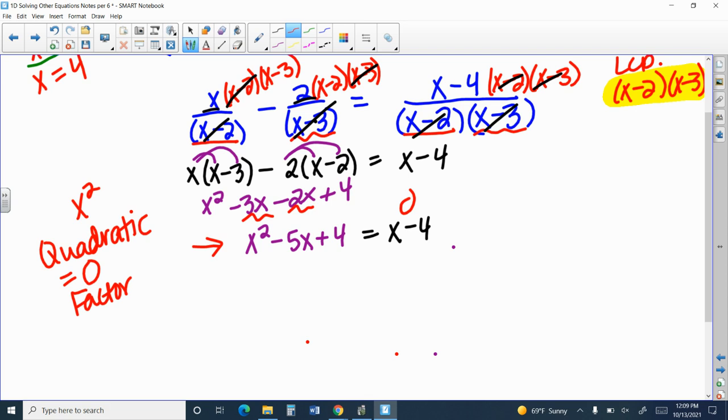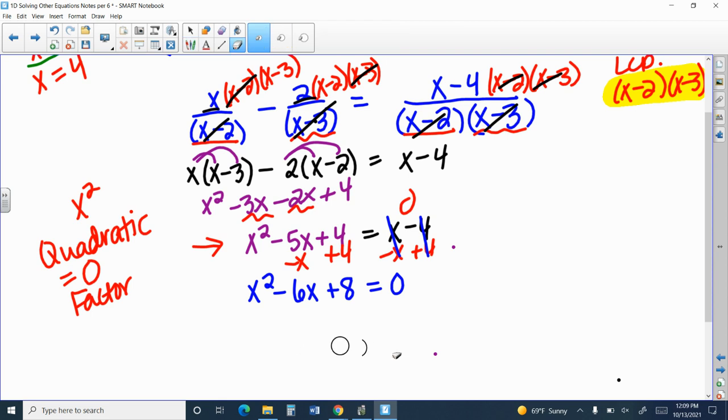To do that, I have to get rid of the x, so subtract x. And I have to get rid of the -4, so I'm going to add 4. That's going to give me a 0 on the right. Then on this side, we would have x squared minus 6x plus 8.